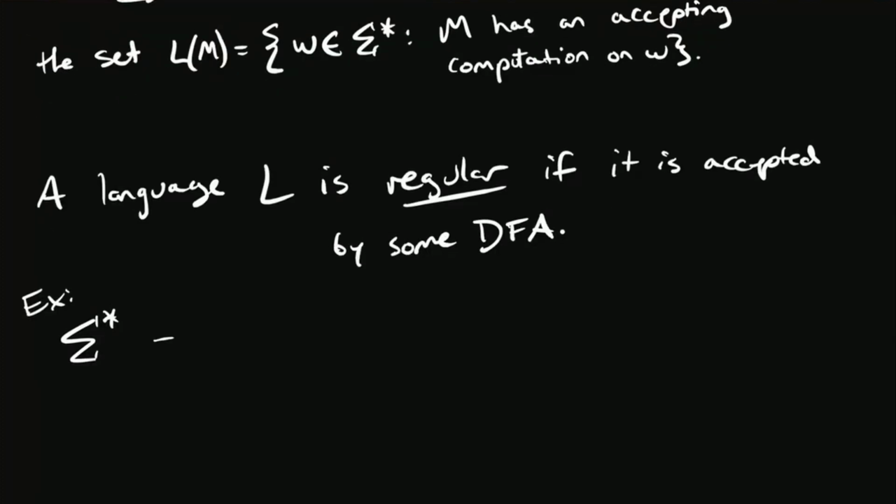Yeah, simply a single state like this, and it loops on everything in sigma. We'll be talking about a particular sigma in pretty much every other place. This is just an arbitrary example. For instance, if sigma is equal to 0, 1 as the characters, then you would write 0, 1 on the transition. This is just to handle all possible cases.